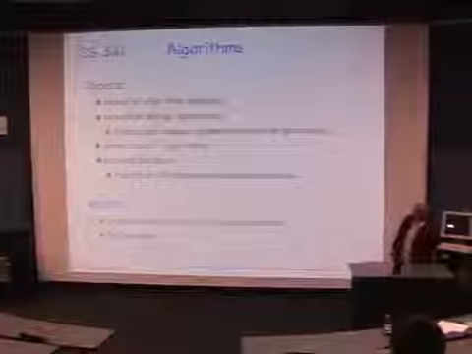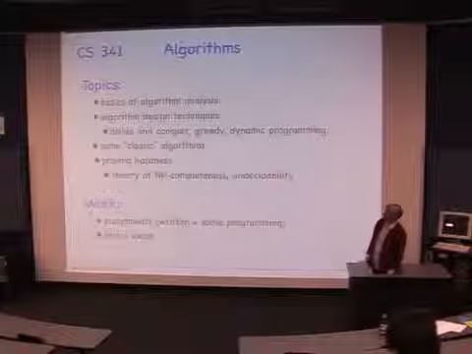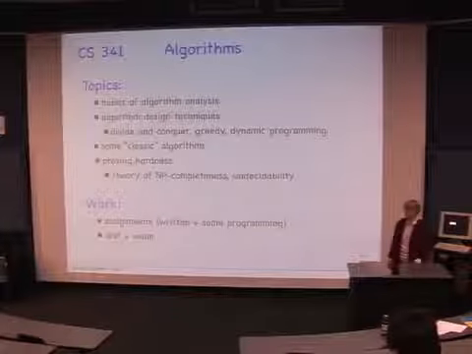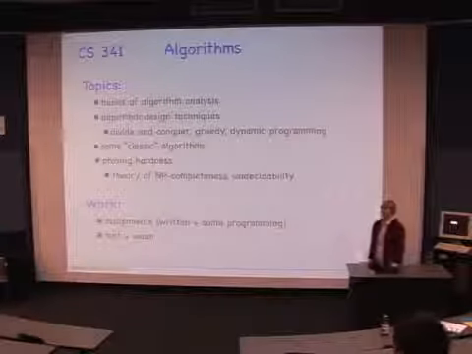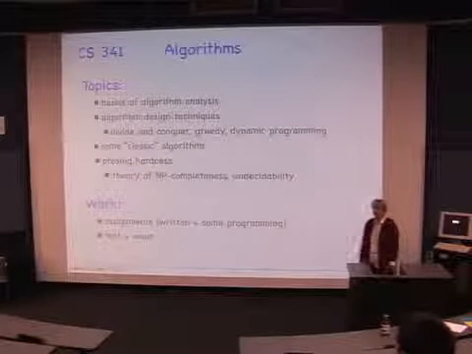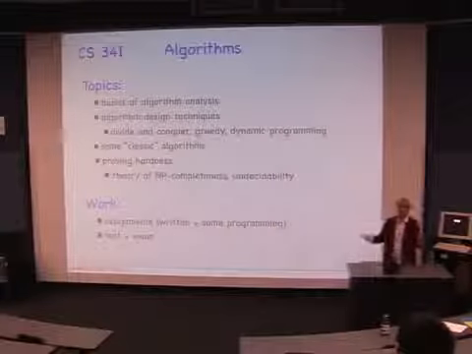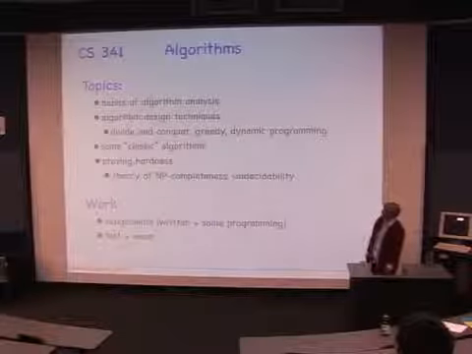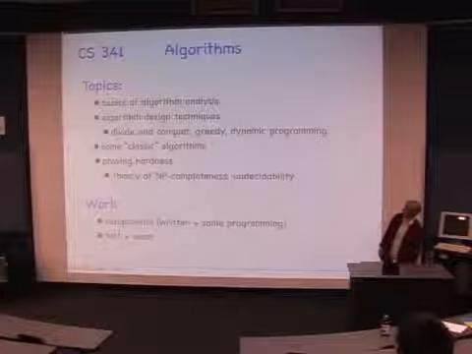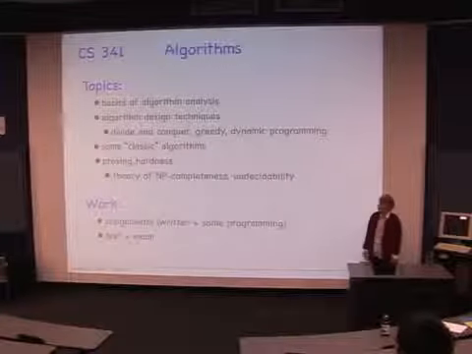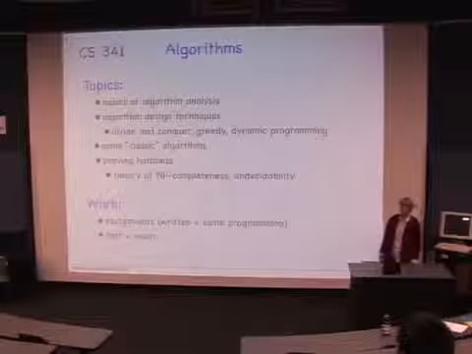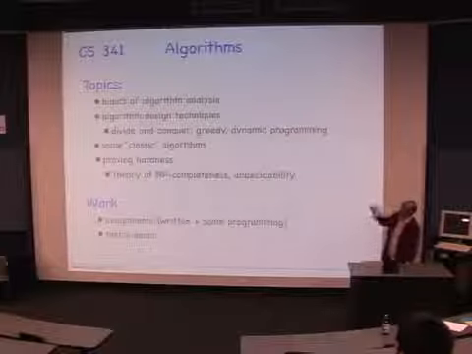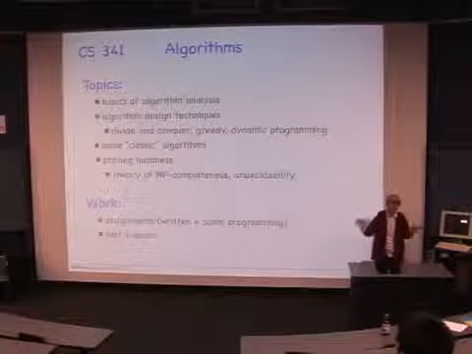So the topics covered in this course are some of the basics of algorithm analysis. Why do we not just run test examples, but rather do a theoretical analysis that says how our algorithm behaves as inputs get larger and larger. Some algorithm design techniques: divide and conquer, the greedy technique, dynamic programming. This is one that people who have done programming contests often know about, but the rest of you should too.